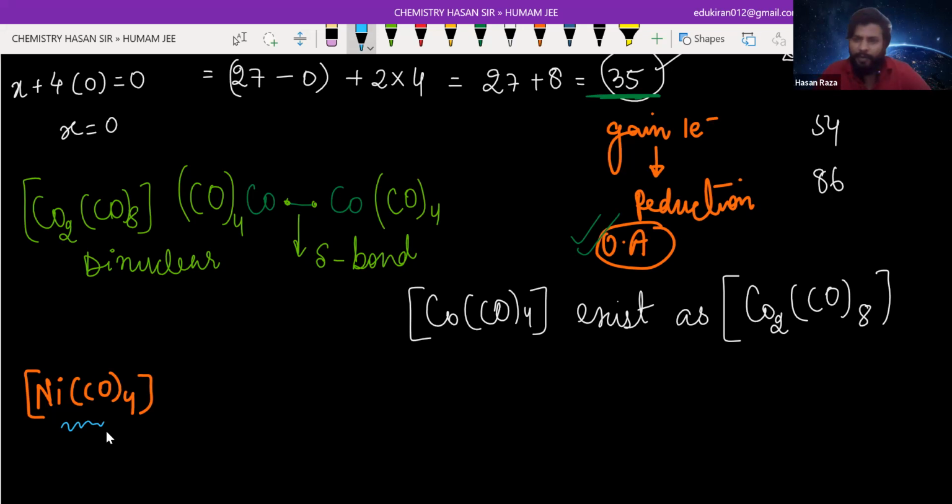First, calculate, Humam, the effective atomic number of this. Sometimes my Wi-Fi stops, basically due to a power cut. So wait, if anything happens like that, don't leave the meeting.